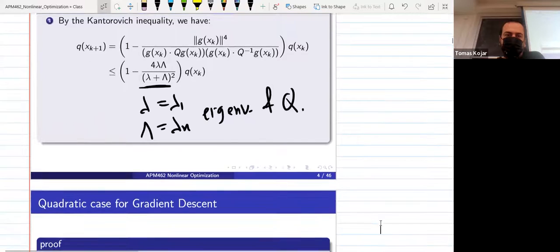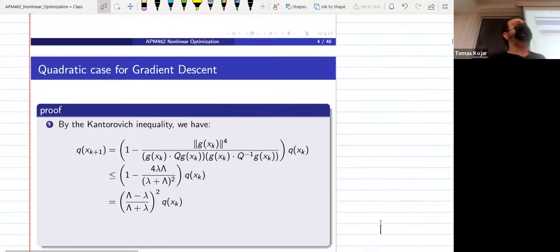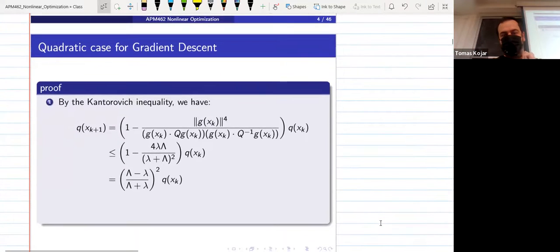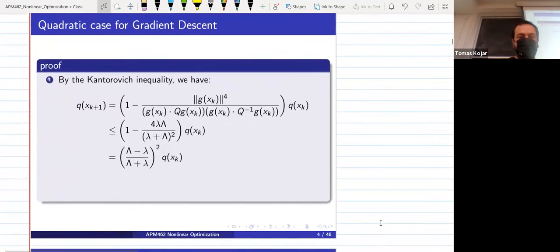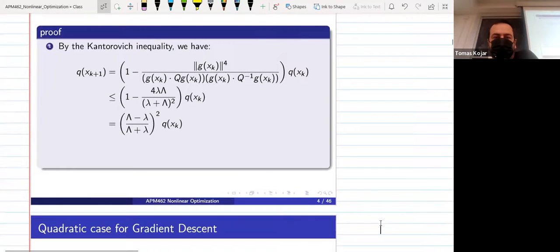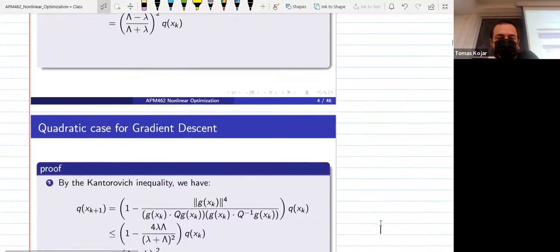Good. And of course, you're free to use this. So if we give you some matrix system, you just have to find the eigenvalues. All right. So yeah, then you just rearrange and you get your inequality.